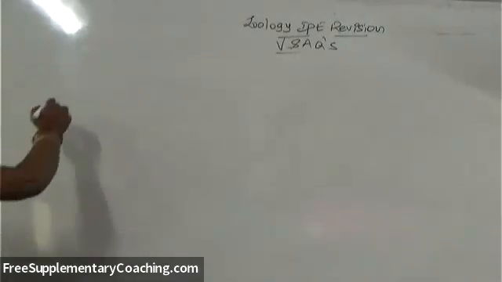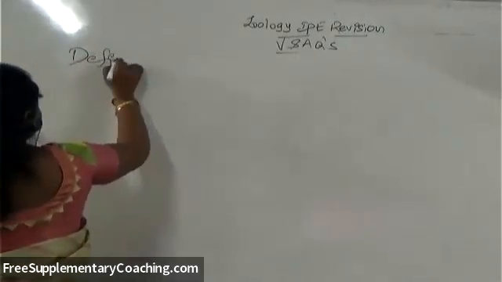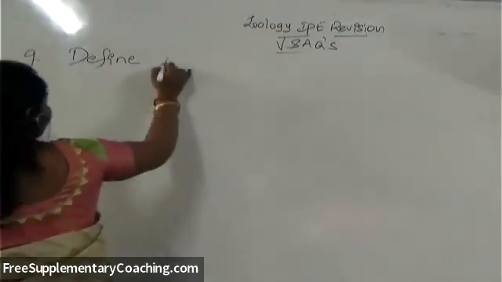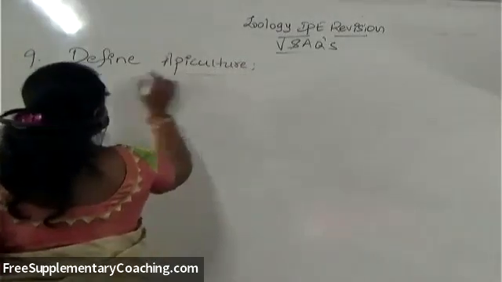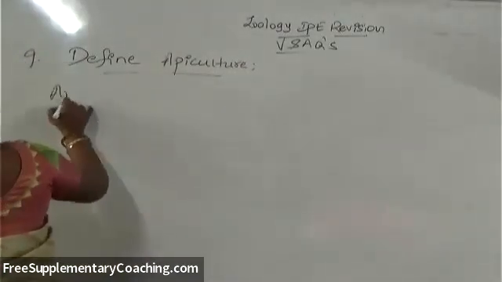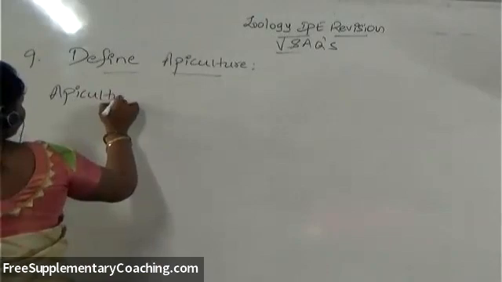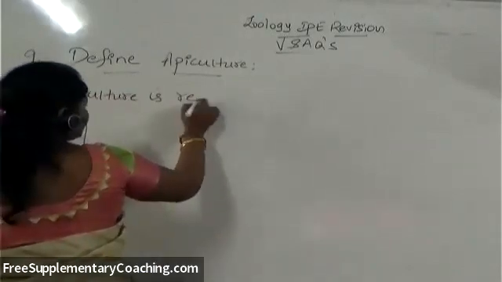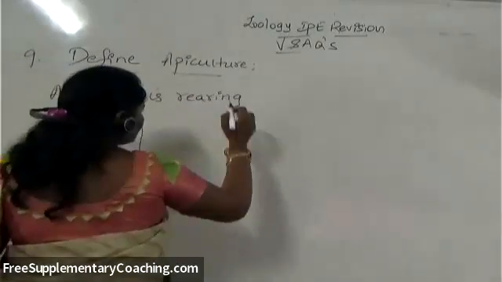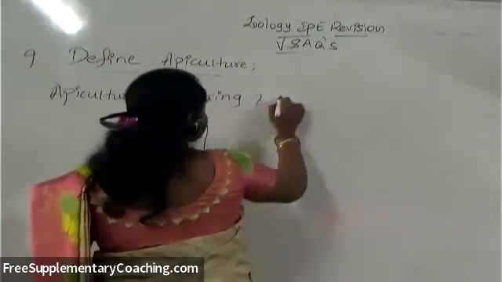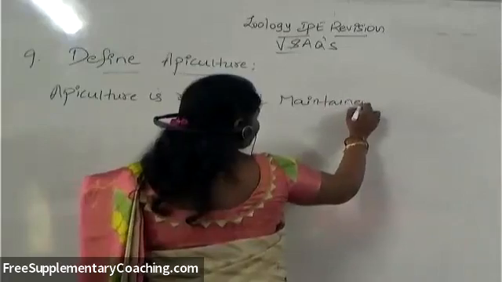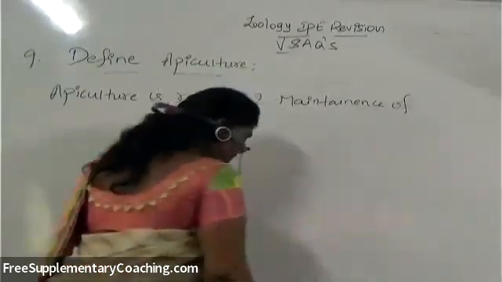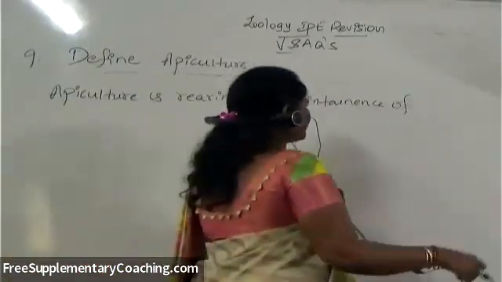Apiculture is the rearing and maintenance of honeybees and beehives.